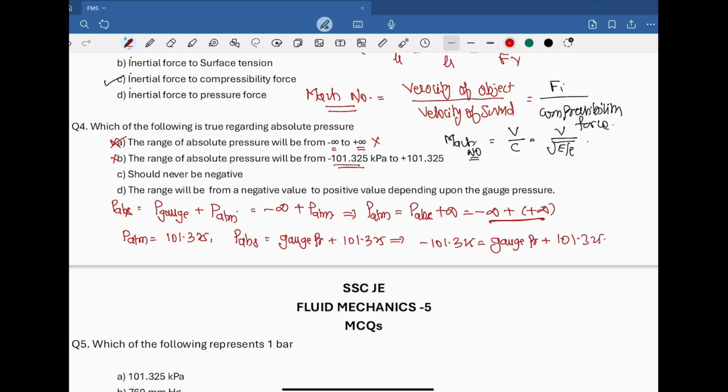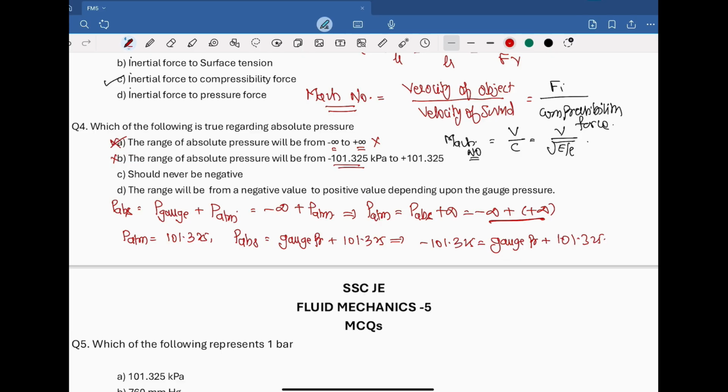Absolute pressure of minus infinity is not possible. Absolute pressure of minus 101 is not possible.